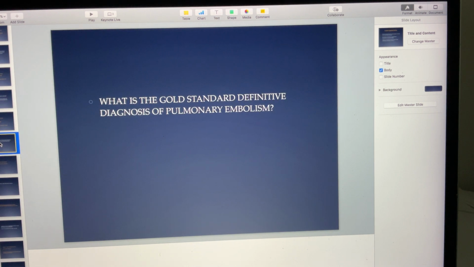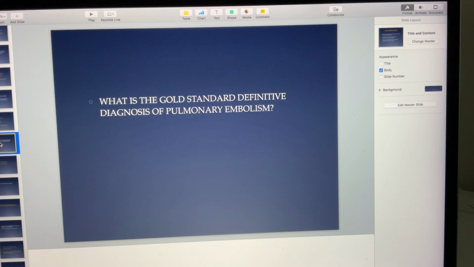Next question, what is the gold standard definitive diagnosis for pulmonary embolism? Okay, and this is important in medicine. Sometimes you have the gold standard. It may not be readily available. It may be more invasive, but then you have the initial diagnosis. It may not be the best, but sometimes it may be the most common, right?